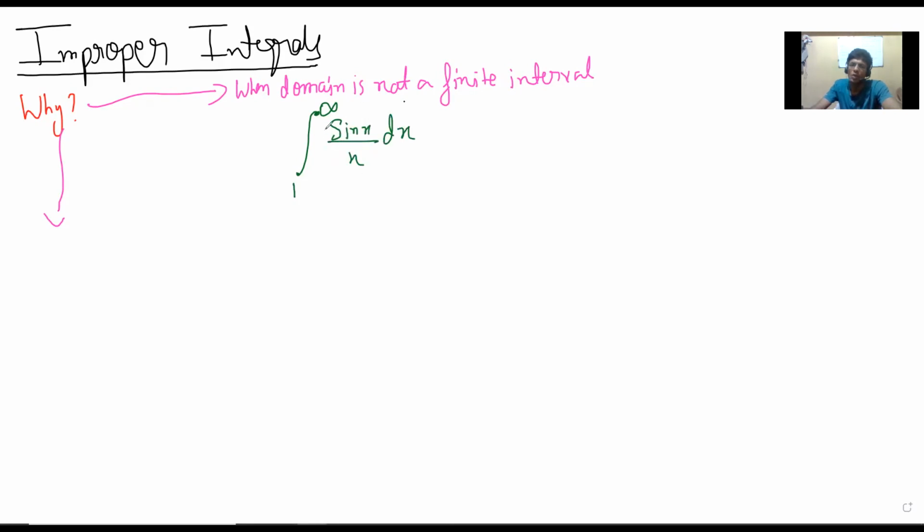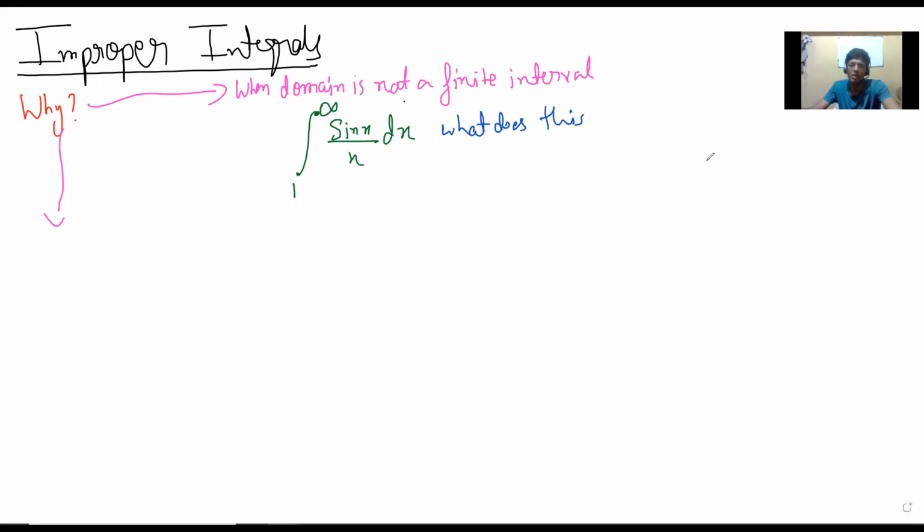Here we need an improper integral, because the range is not finite. But the point is, what does this mean? Because knowing this precisely is half the work in showing improper integrals exist and things like that.